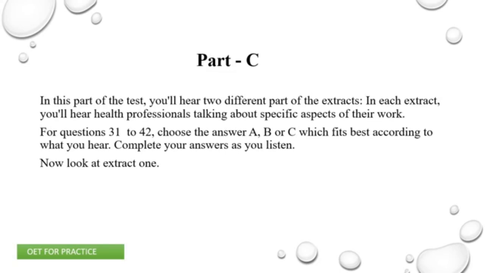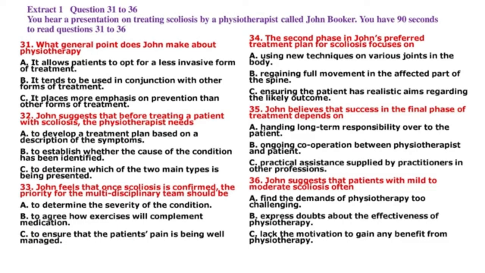For questions 31 to 42, choose the answer A, B or C, which fits best according to what you hear. Complete your answers as you listen. Now look at Extract 1. Extract 1, questions 31 to 36. You now have 90 seconds to read questions 31 to 36.